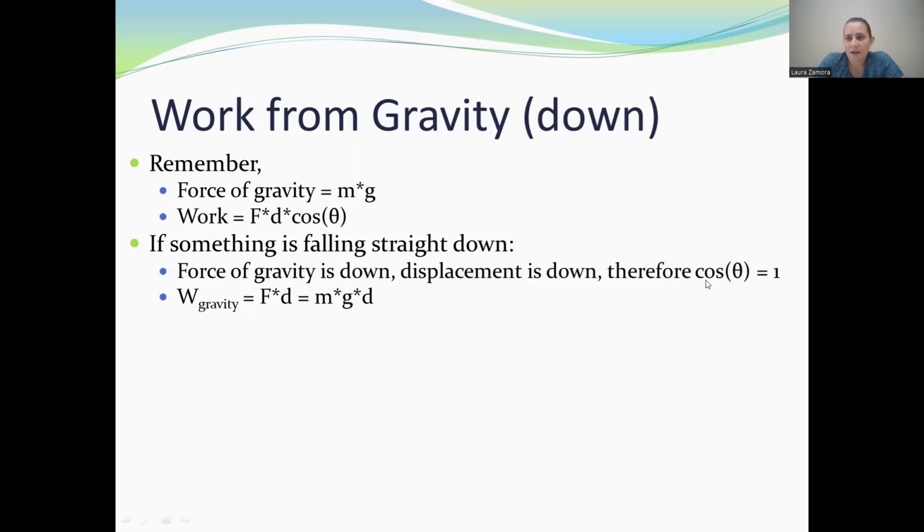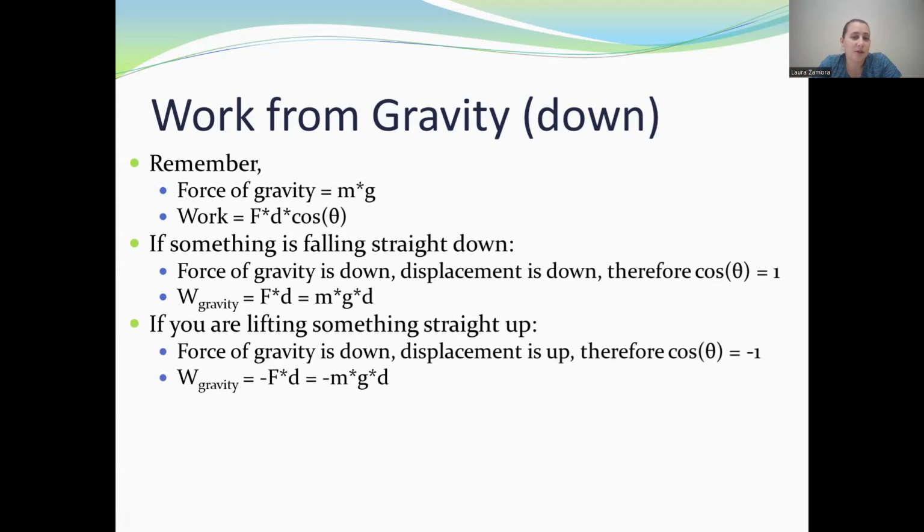So we can just remember that the cosine theta portion equals 1, and anything times 1 is just the same thing. So the work done by gravity we can write as force times displacement times 1, and that force is mass times g, 9.8, times our displacement.